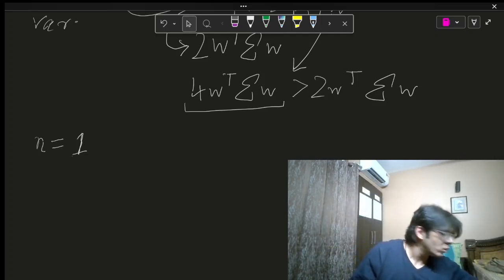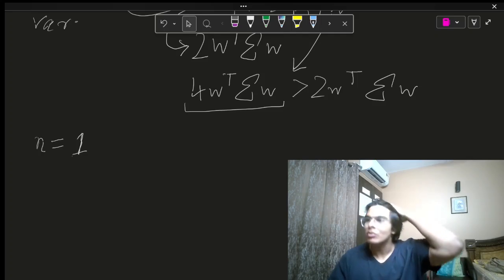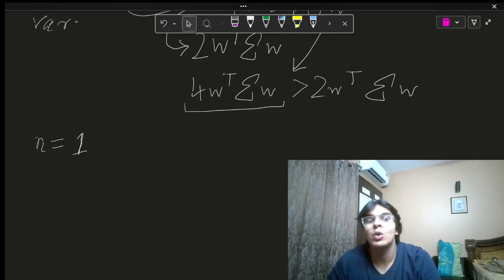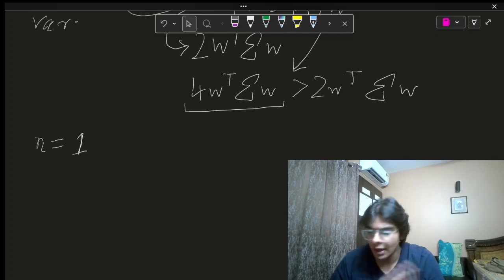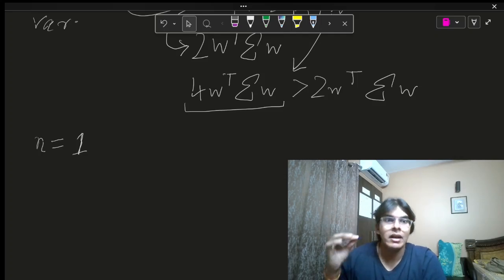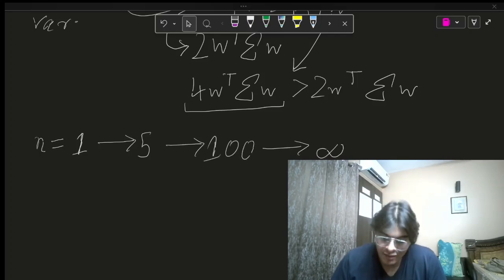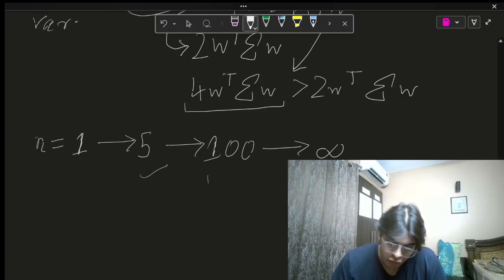Whenever I say increase 1 as much as you can, you will ask a question: till where? Till when do you want me to increase 1? Why would you ask that? Because counting goes till infinity. If you try to increase 1, it can become 5, it can become 100, it can go all the way up to infinity.